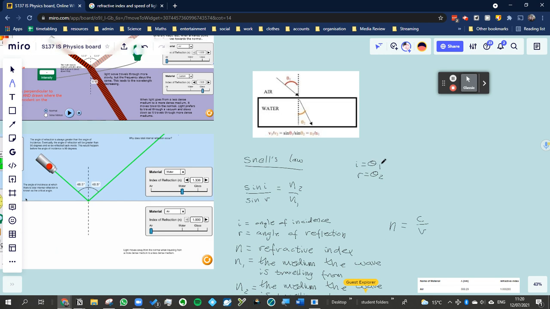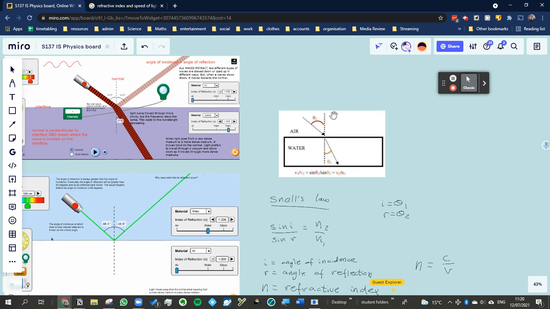So the task is to use this simulator that we've got up here to see if you can find out the refractive index of glass and the refractive index of water. The way to do that is by setting one of the materials as air and one of them as water, and then repeat the process with air and glass.